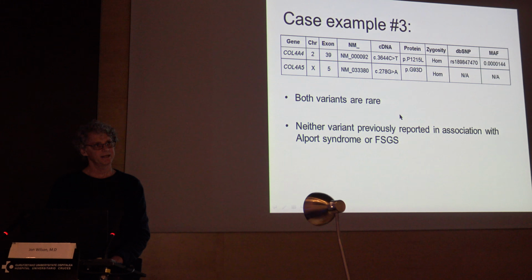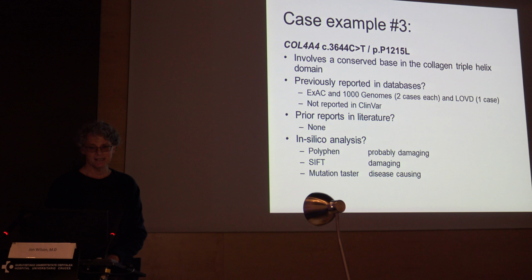The trouble with that is it looks like we have a smoking gun. We found some mutations that we think can cause this, but both are rare. They've actually neither been reported in association with Alport syndrome or FSGS. And there are no previous reports. If I go to ExAC, some databases that record a lot of variants, they're not reported in those databases.